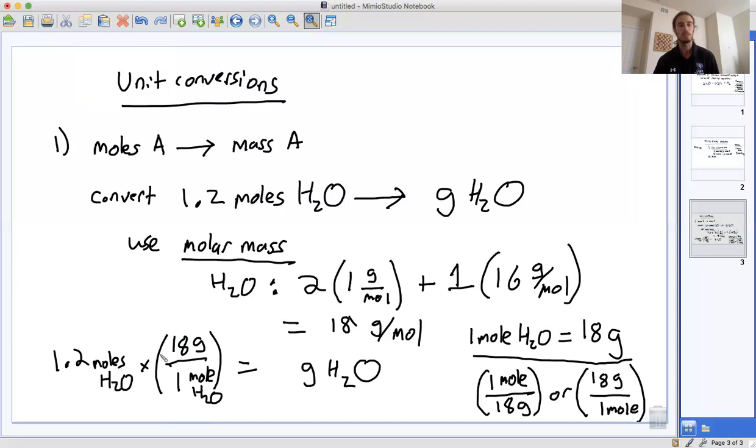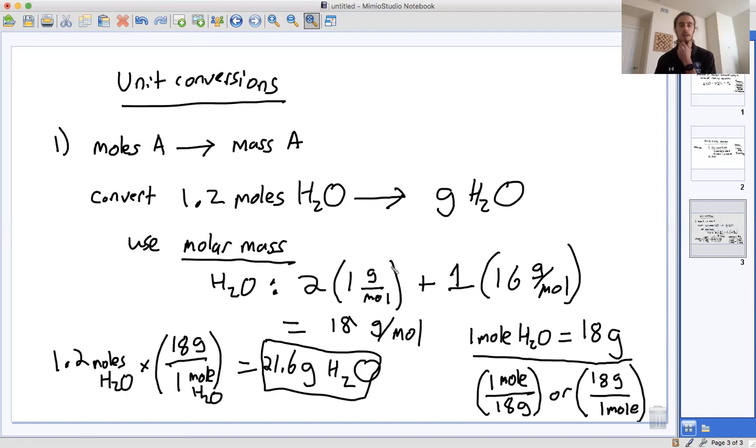And then 1.2 times 18, real quick. Looks like it's 21.6 grams. All right. So that's converting from moles to mass, right?